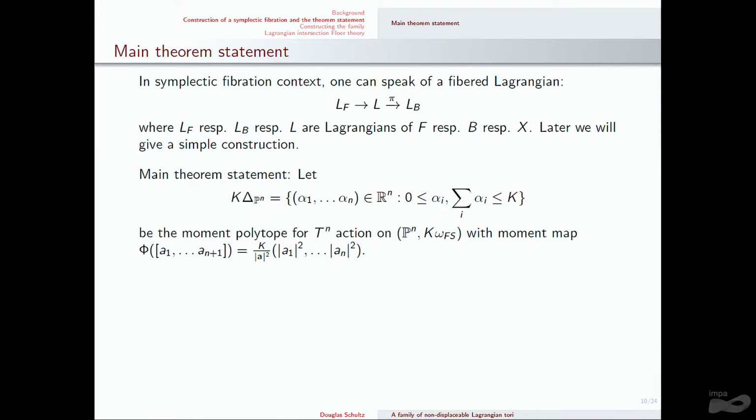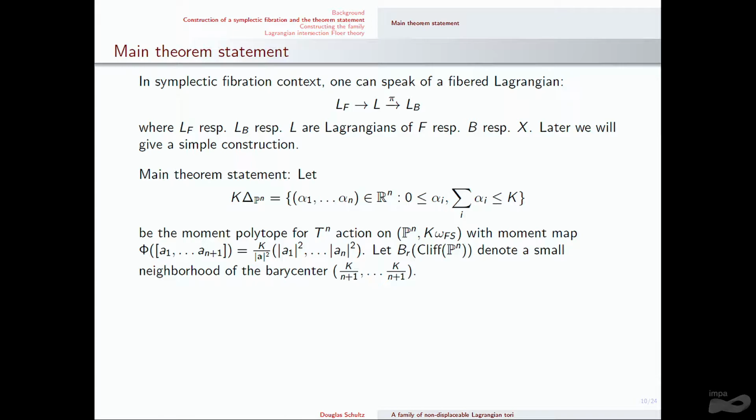And then the main theorem statement. Let kΔ be the moment polytope for kPn. It would just be the n-simplex scaled by k, with the moment map scaled by k.